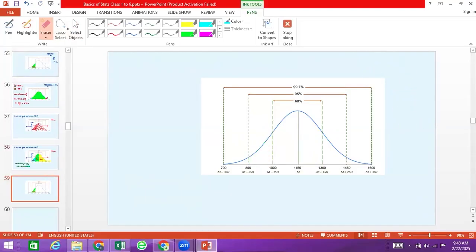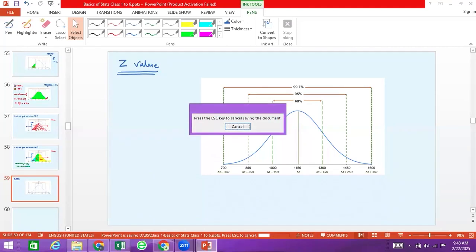So there is a concept of Z value, or Z-score. Some people call it one name, some people call it another, but it is more or less the same thing. What is Z value? Z value is nothing but how many standard deviations away a point is from the mean.